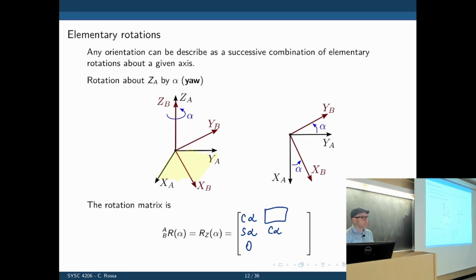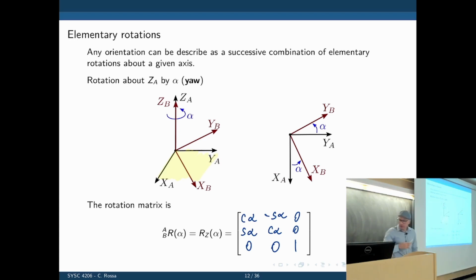Yeah? That's right. Negative sine alpha, sorry. You're dealing with alpha now. Then the last element there is, what is that again? YB on ZA, 0. And then the last column, what is the last column? 0, 0, 1. Yeah, 0, 0, 1. Because the y-axis, the z-axis are now the ones I want.